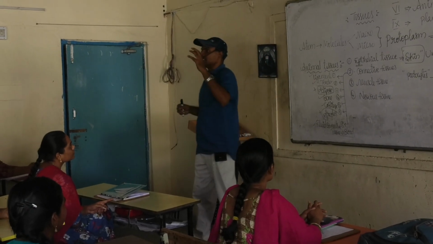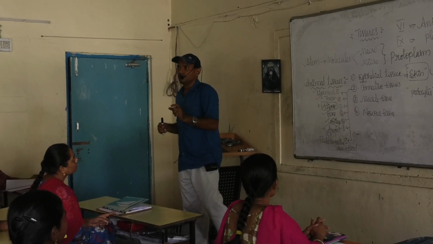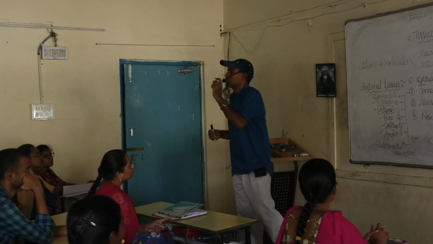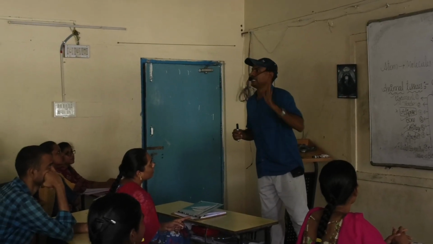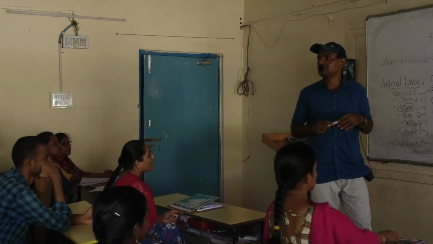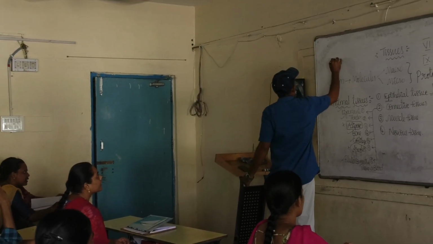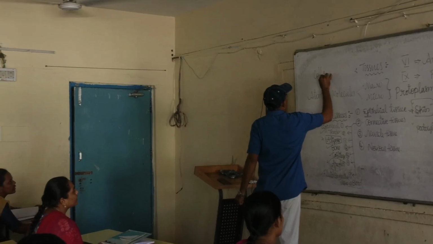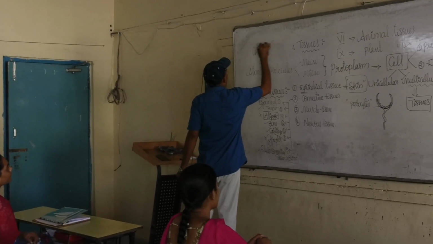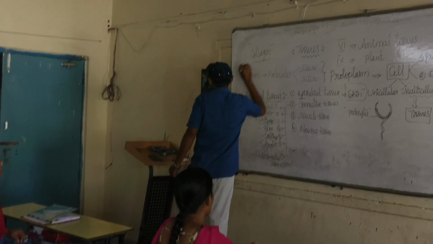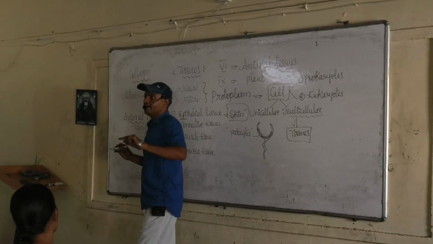And remember, ligament and tendon contain a white colored fibrous protein called collagen. So collagen is a white colored fibrous protein present in the ligament and the tendon.